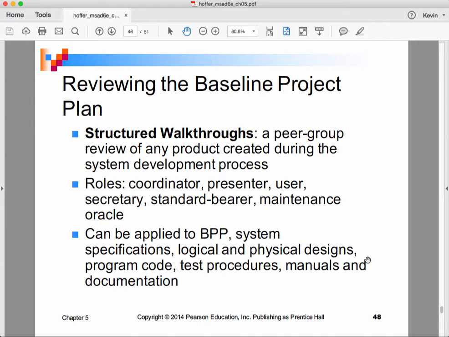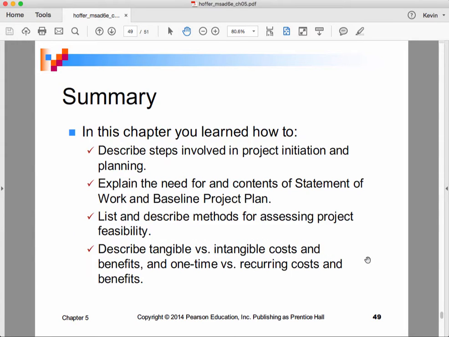And there was an approach to walking through plans and also technical products like programs that was introduced in the 70s called structured walkthroughs. And of course, the authors of the text kind of grew up on IT in the 70s, so they still like to talk about those. But this idea that we would take our plan and walk it through with the parties involved and get their feedback is as appropriate today as it was in 1975.